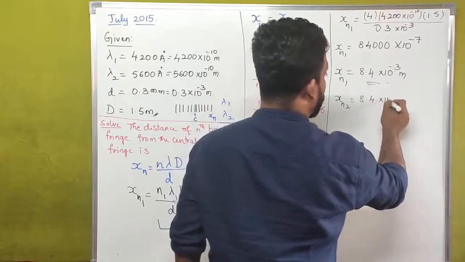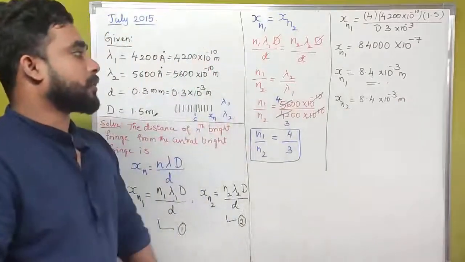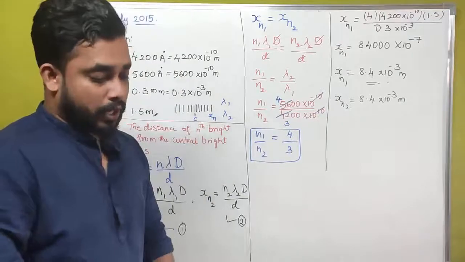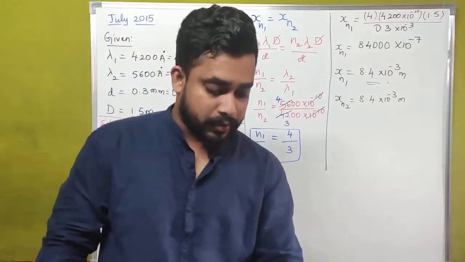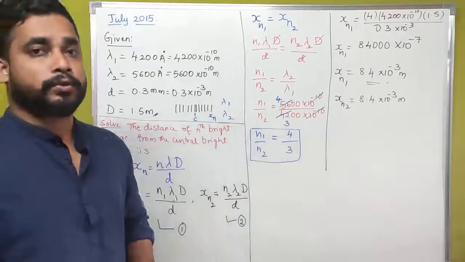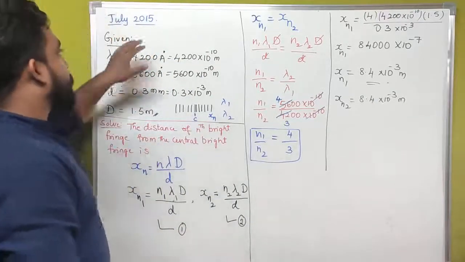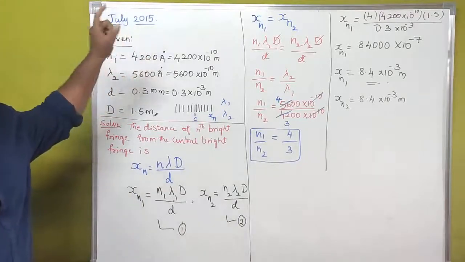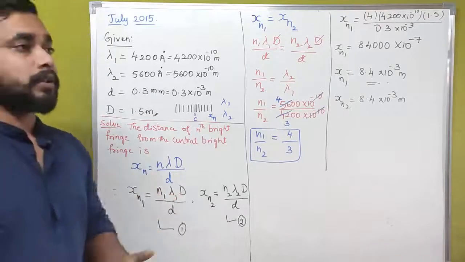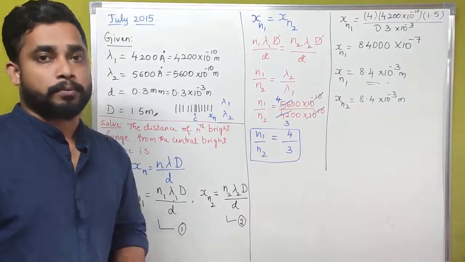Actually this is our answer. This is how we got the least distance of the bright fringe where both wavelengths coincide. This problem was asked in your 2015 question paper. Now let us discuss different kinds of problems.